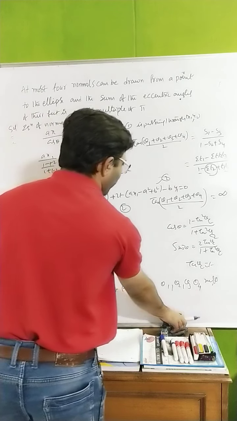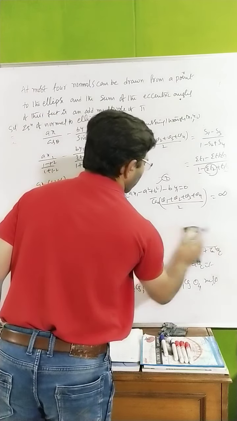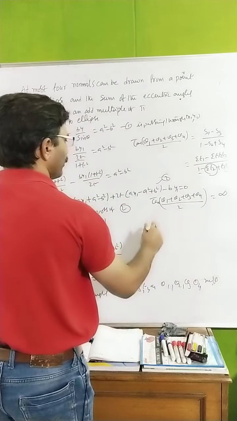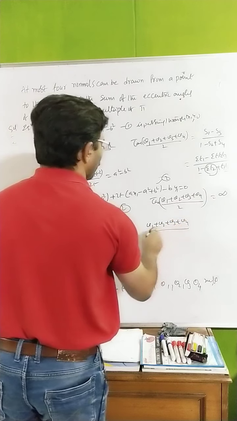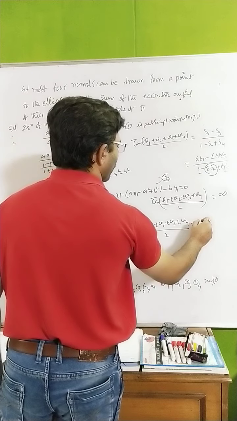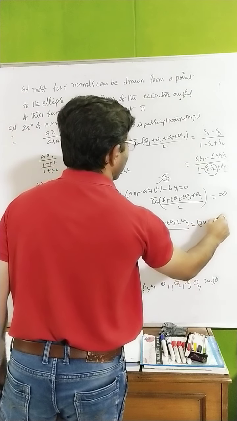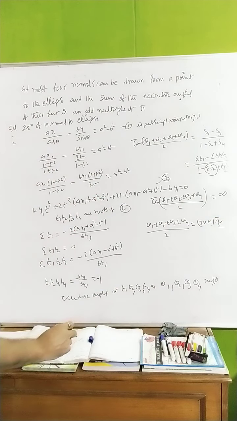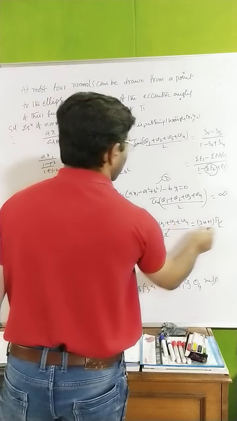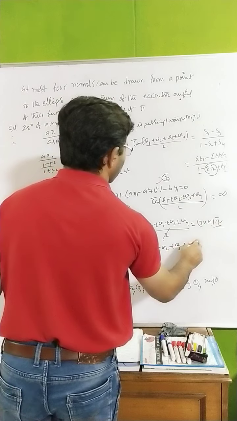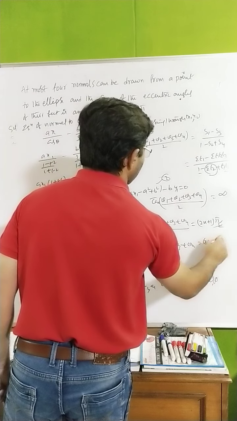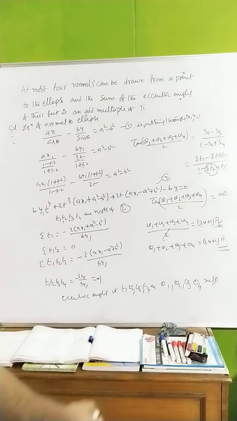If it is infinity, very simple, you can write (theta 1 plus theta 2 plus theta 3 plus theta 4) divided by 2 is equal to (2n plus 1) pi by 2, an odd multiple of pi by 2. If you cancel, you are getting theta 1 plus theta 2 plus theta 3 plus theta 4 is equal to (2n plus 1) pi. What we have to prove is odd multiples of pi. Yes, we got it.